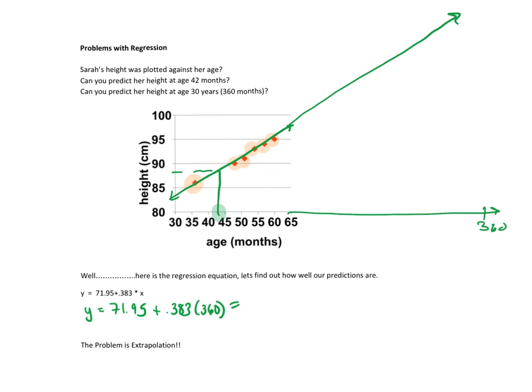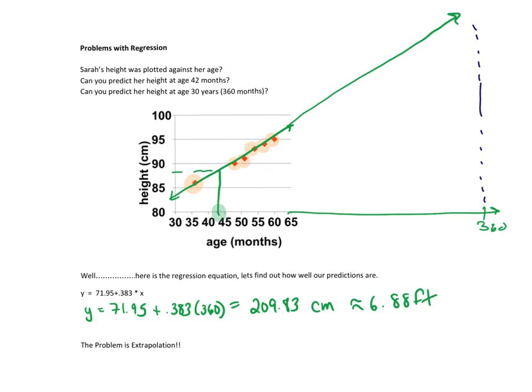It'll give me an answer. If I do that, I will get 209.83 centimeters, which if I convert to feet is about 6.88 feet. Well, there are very few individuals who are almost 7 feet tall. So I am going to guess this is not a great prediction.